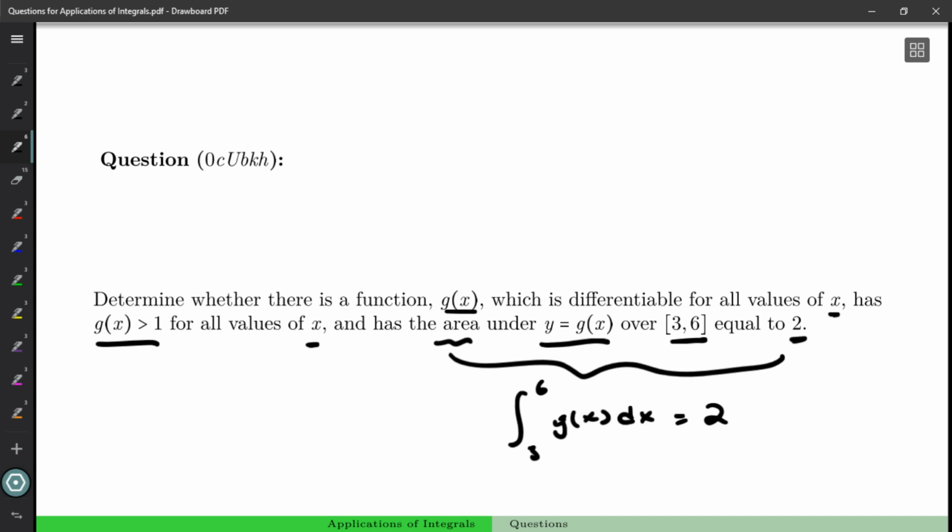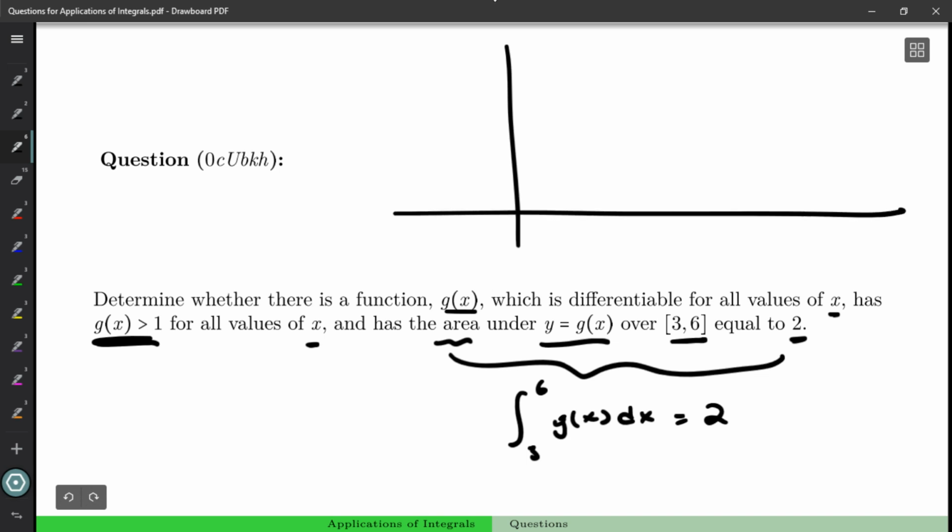So what would be an acceptable answer? Well, you could say yes and say, here's a function g of x that does this. Or you could say no, and here's why I know there is no g of x. But first we have to reason, what do we think is going to happen? Now we know our function g of x is always going to be greater than 1.